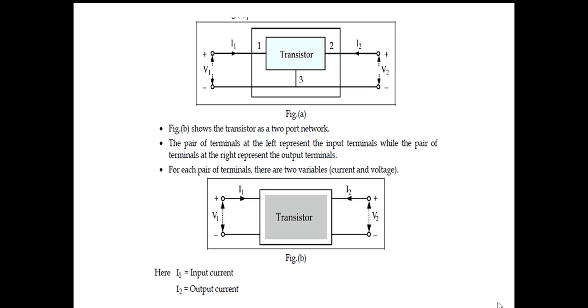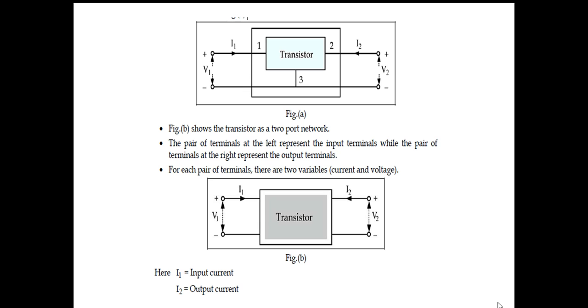We might have already discussed this: by taking any one of the three terminals, base, emitter, or collector, as common, we get what are called configurations. These configurations are divided into three: common base, common emitter, and common collector.